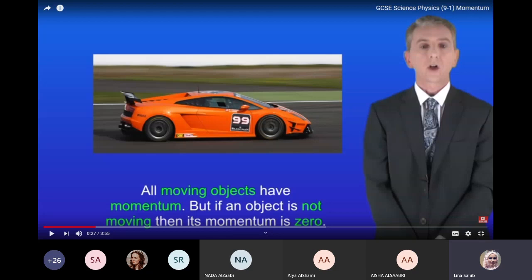So what did the driver do? Changed the velocity from initial, which is 0, to final, which is 80 kilometers per hour. That means the momentum will also change. So the change of the momentum depends on the change of the velocity.